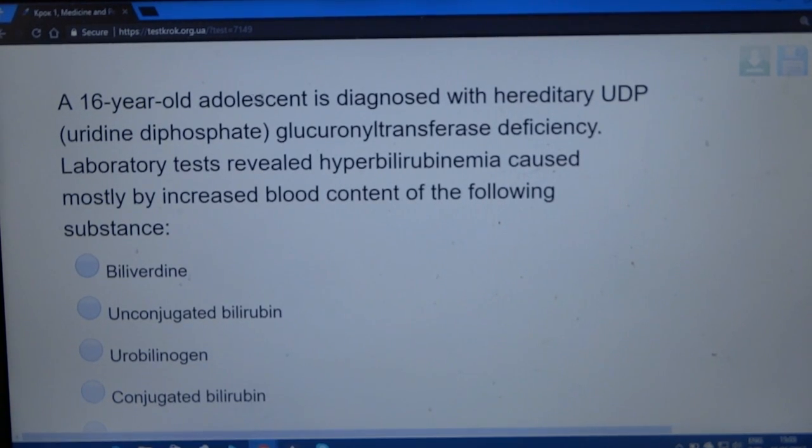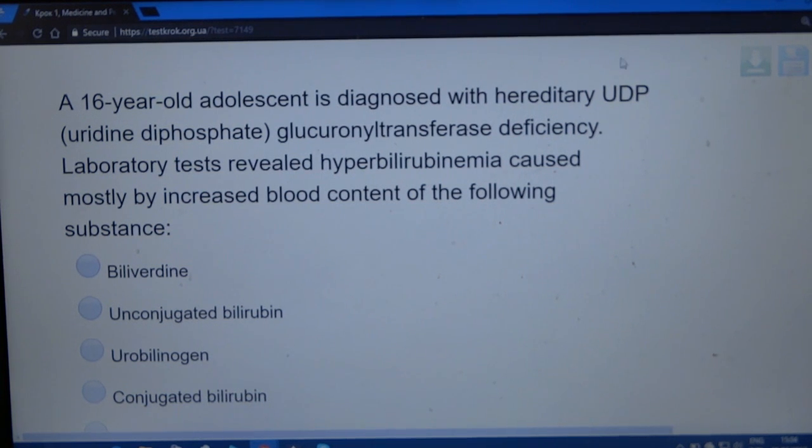A 16-year-old adolescent is diagnosed with hereditary UDP deficiency. Laboratory tests revealed hyperbilirubinemia caused mostly by increased blood content of the following substance. Now don't forget, UDP here prevents conjugation of bilirubin.